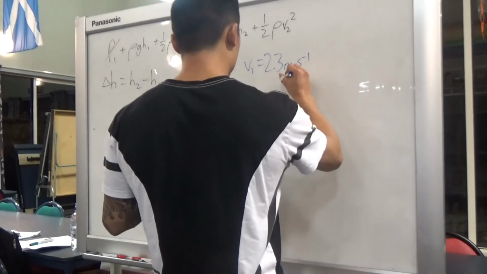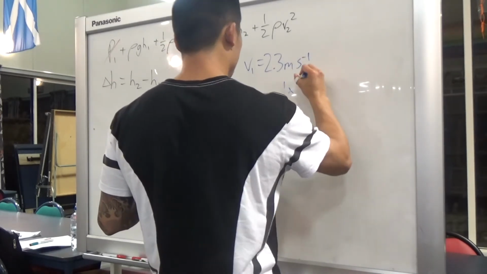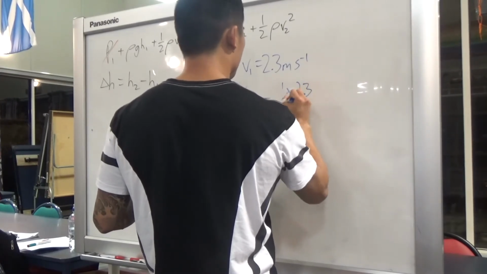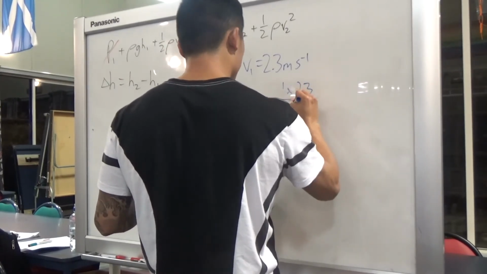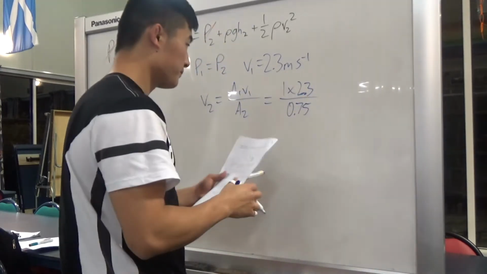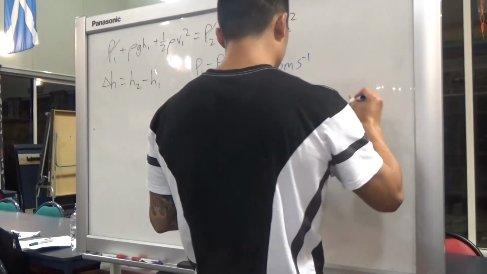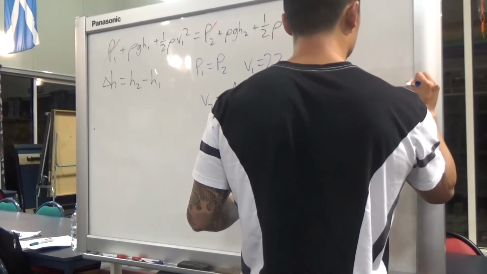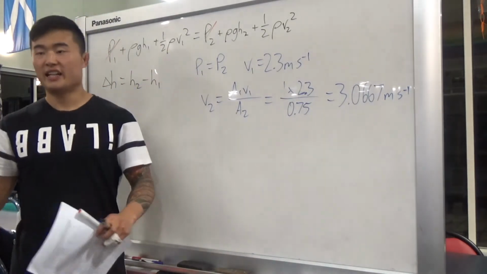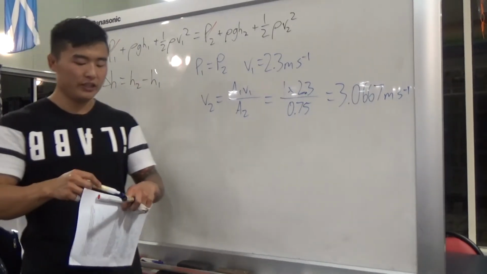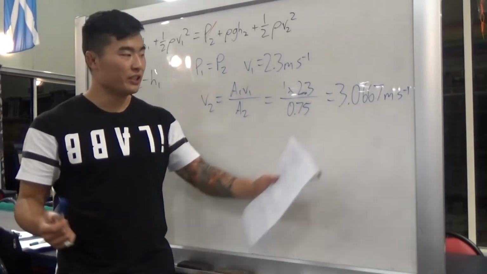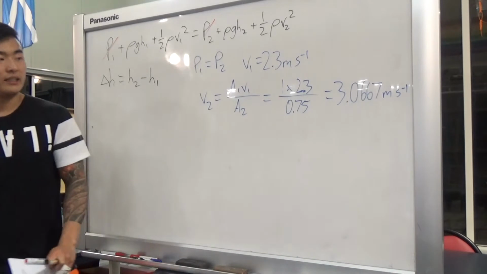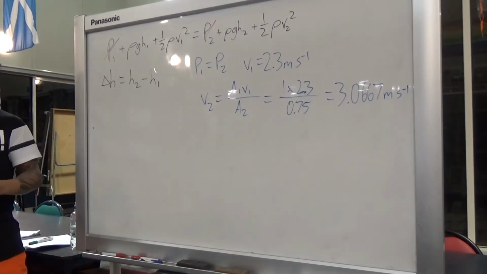So V2 is equal to 1 times V1, which is 2.3, over A2, which is 0.75. And that's going to give you 3.0667 meters per second. So we're not at the end of our calculation yet. This isn't our final answer, so we're not going to round too early. We're going to leave at least 5 significant figures in that value.